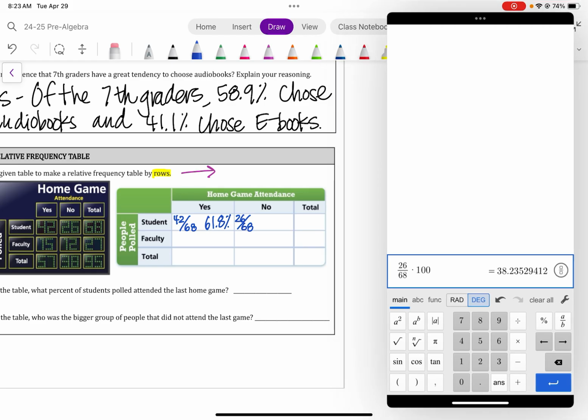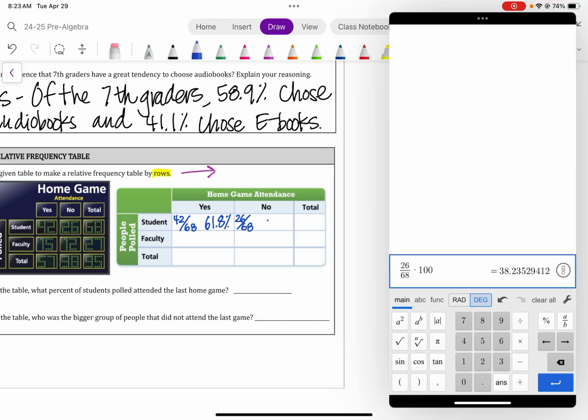So that's 38.2%. And when you add those, you'll have 42 plus 26, 68 out of 68, that's 100%. And the 61.8 plus 38.2 adds to 100%.